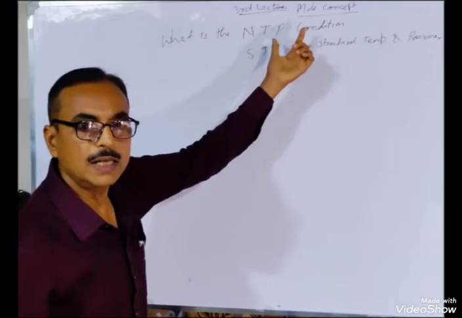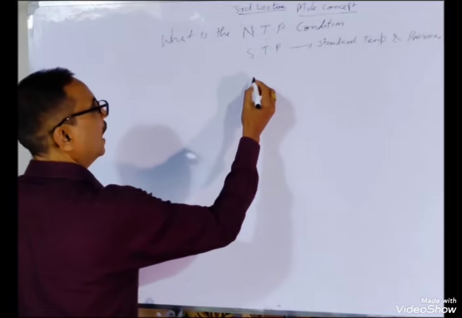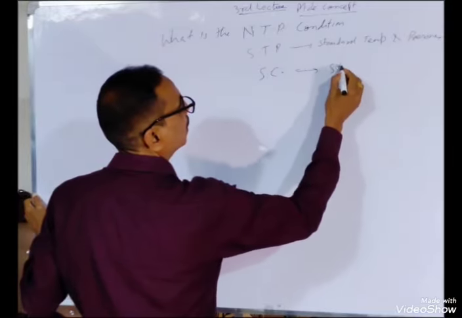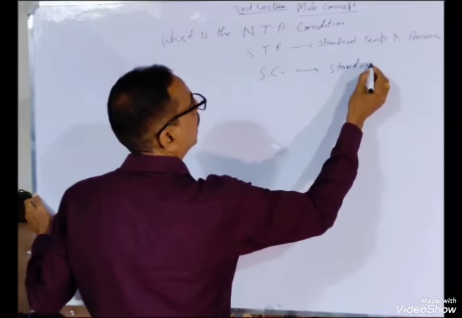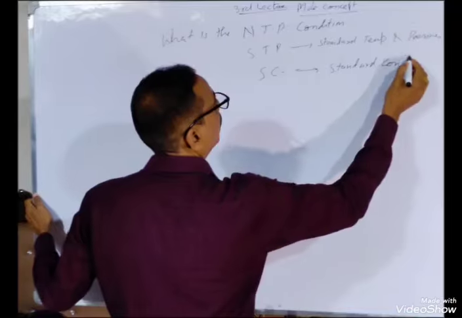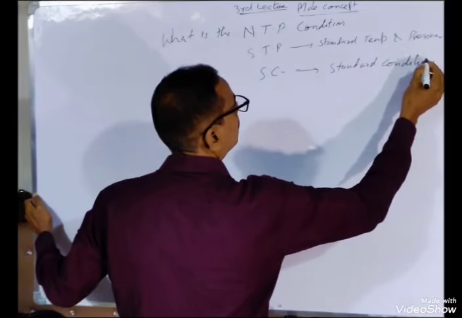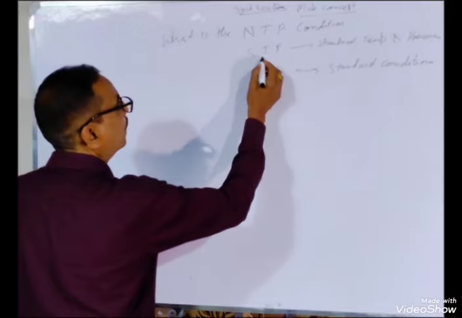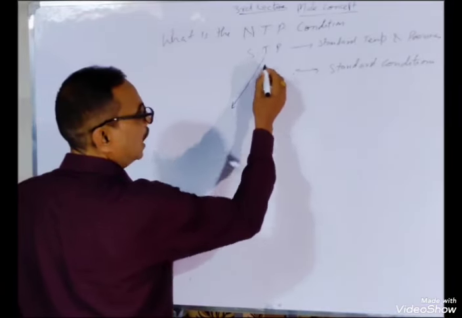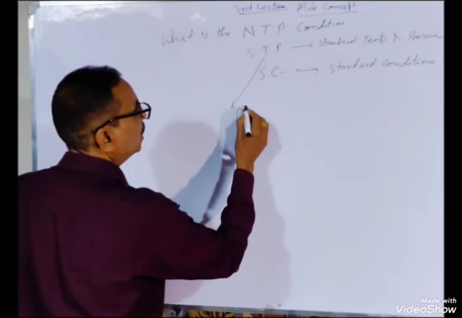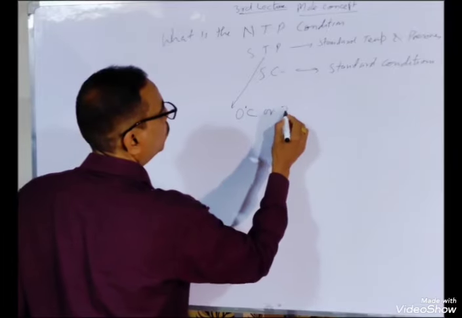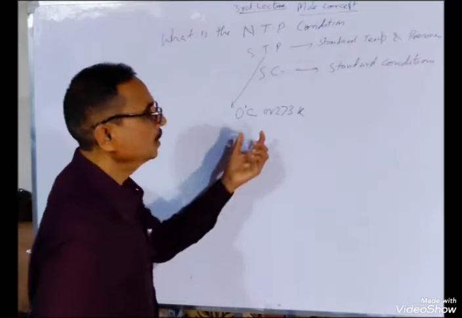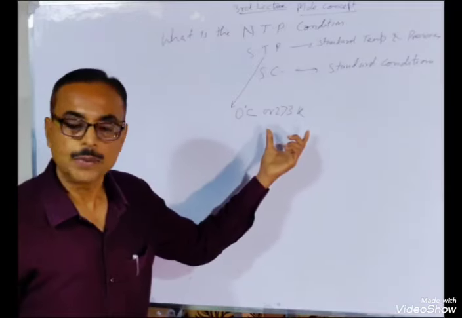NTP means normal temperature and pressure, and it is also written as SC, standard condition. What are the standard conditions? Standard temperature is 0 degrees centigrade or 273 K. This is taken as the standard temperature.